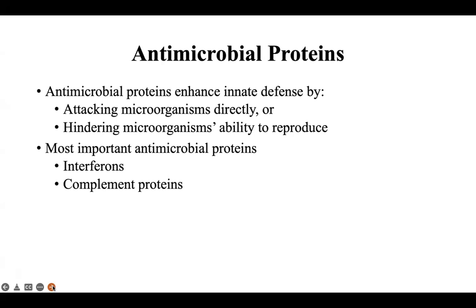Okay, so either they will attack them or they will stop them from reproducing. Two ways this is possible. And the two important antimicrobial proteins are interferons and complement proteins. All right, interferons and complement proteins.